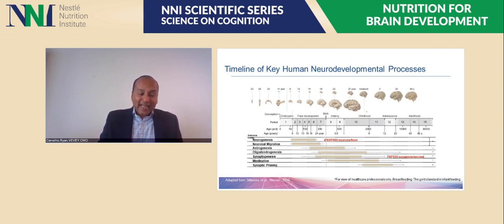And the process of synaptic pruning, growing some areas, curbing some things which are not appropriate, continues throughout the period of childhood and young adulthood. So this slide brings to light the advances that have happened in our understanding of the structural neurodevelopment of the developing brain.